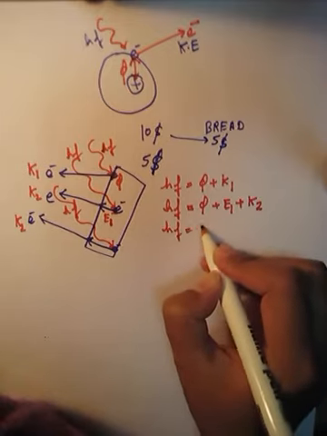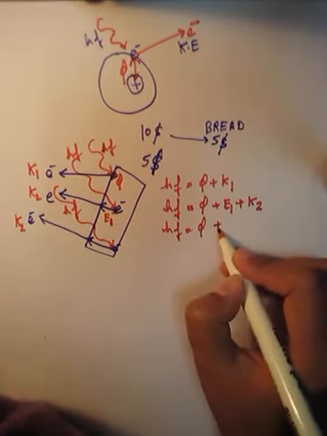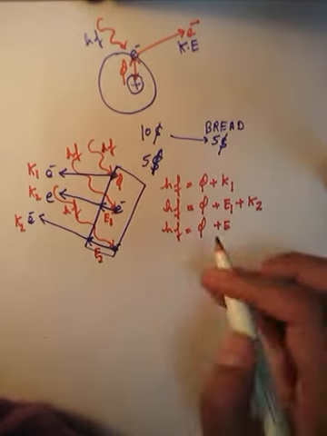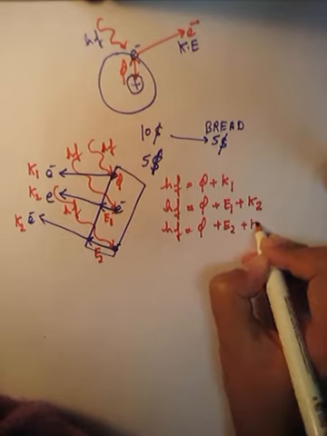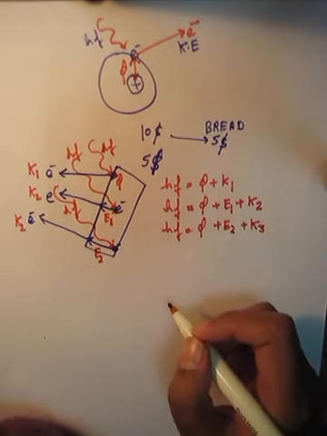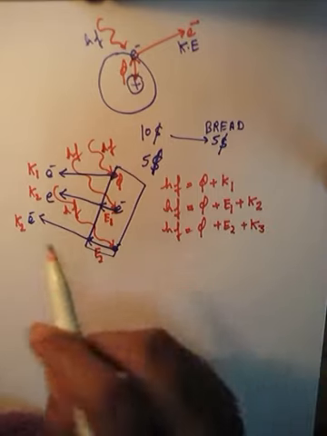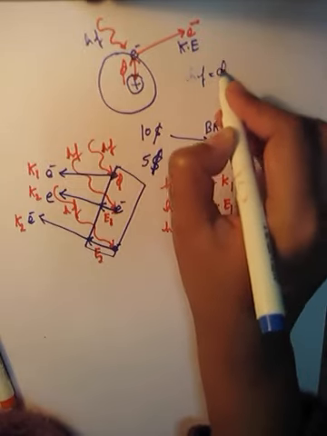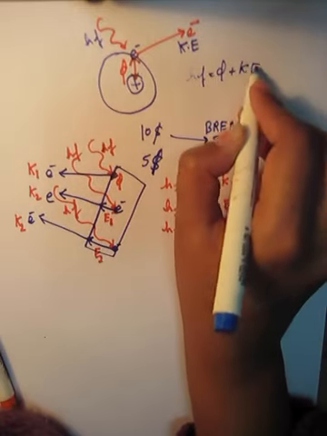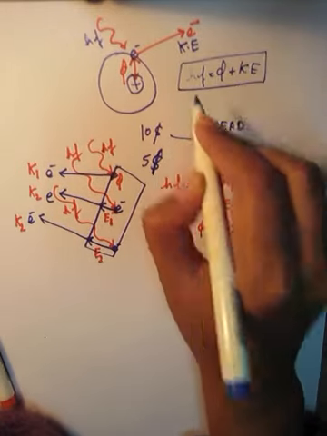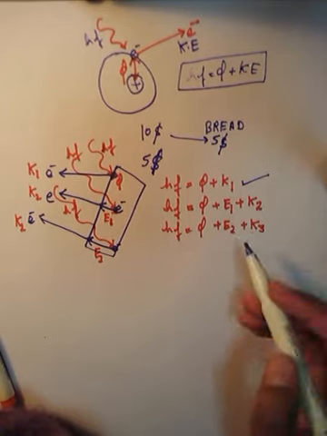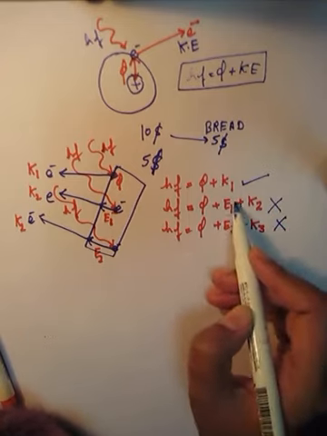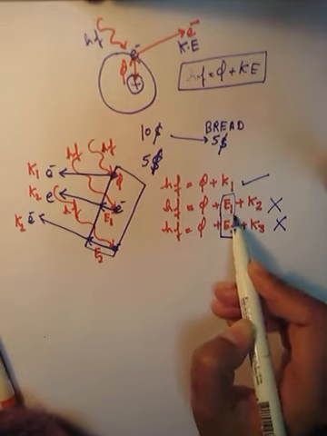Similarly, for the third one, a larger amount of energy is used to go to the surface, so it will be E2 + K3. So it means that this equation, hf = phi + kinetic energy, is valid only for this case. It is not valid for the other two, because you need to take care of this energy also, which is unknown.